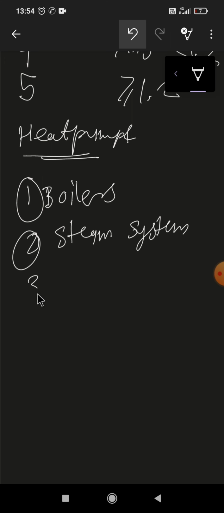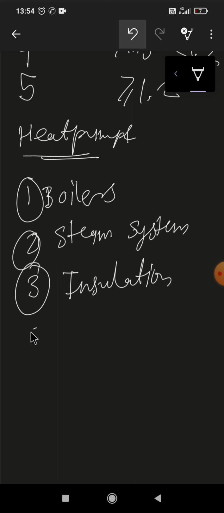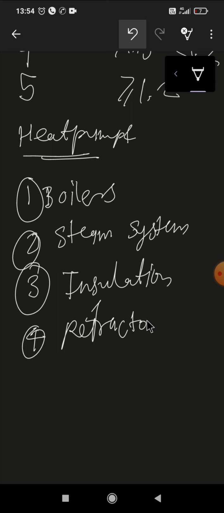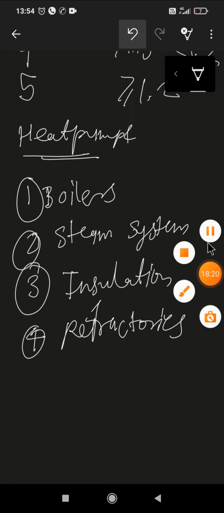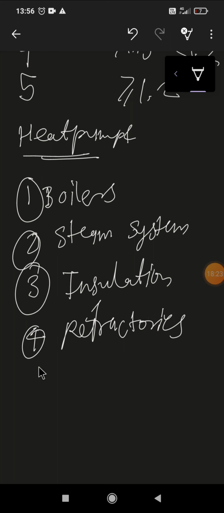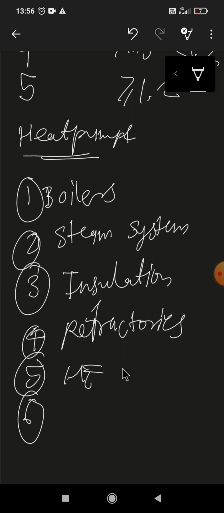Then insulation, then refractories, then heat exchangers, then fins and classes, then heat recovery devices, and then cogeneration.